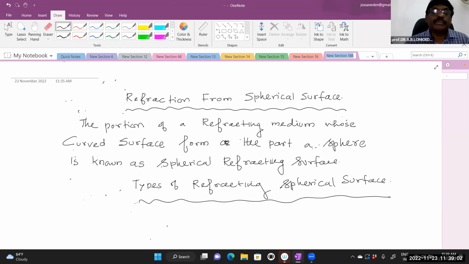Types of refracting spherical surface: convex refracting spherical surface and concave.